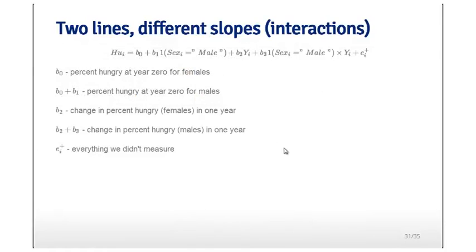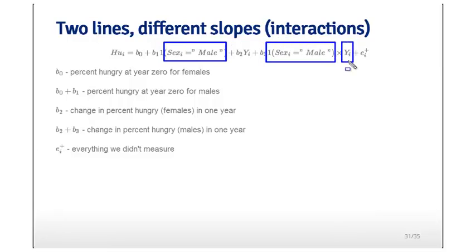Aha, but let's have lines with different slopes. So now we have an indicator for gender, and we have another indicator for gender, but this time multiplied times year. Let's look at what happens.